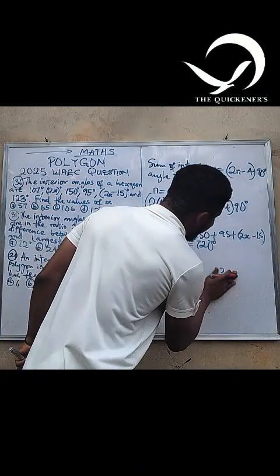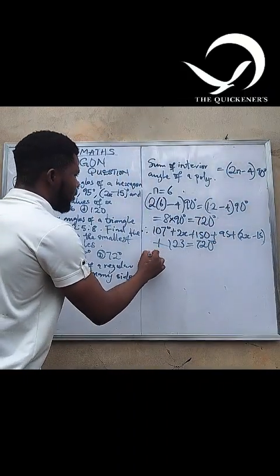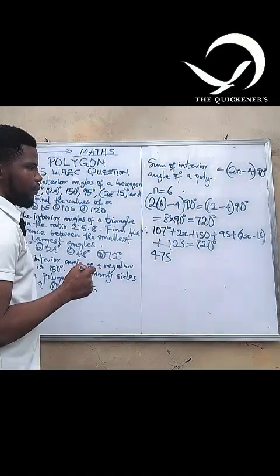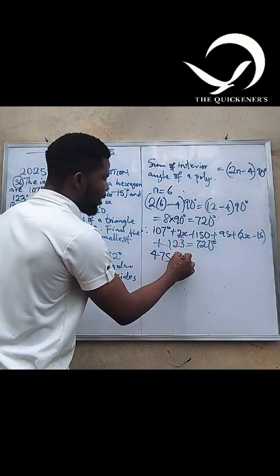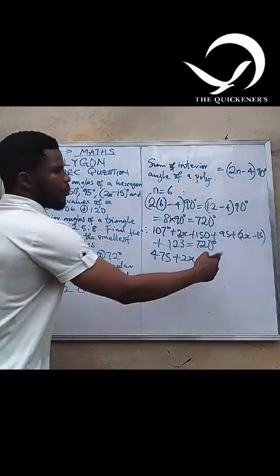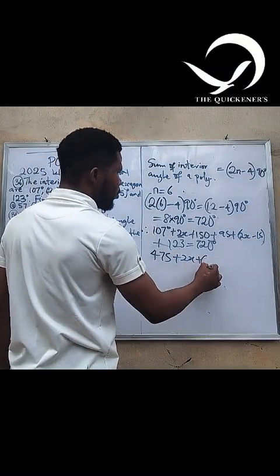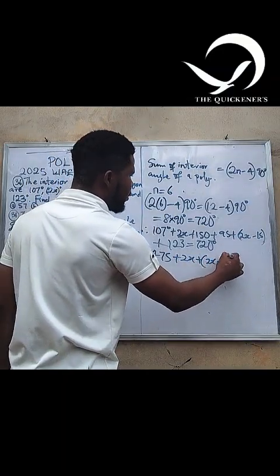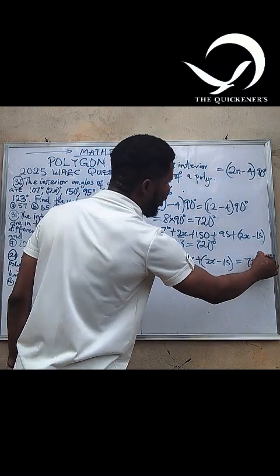So we have 475 plus 2x, plus this other 2x minus 15. Everything is equal to 720. I hope you're following me, right?